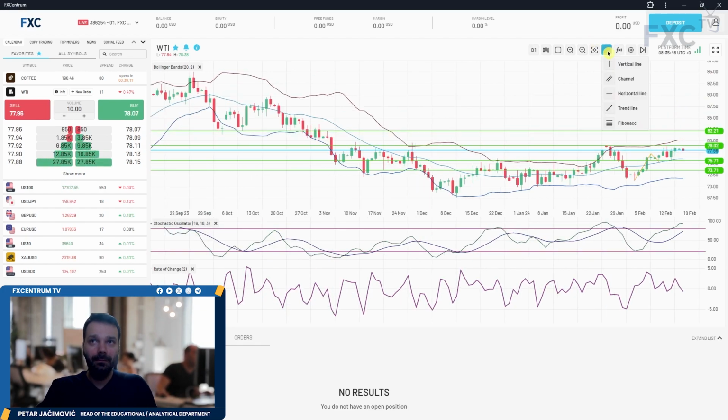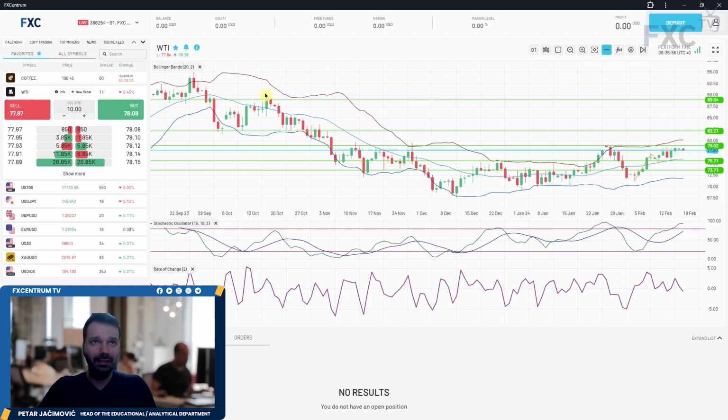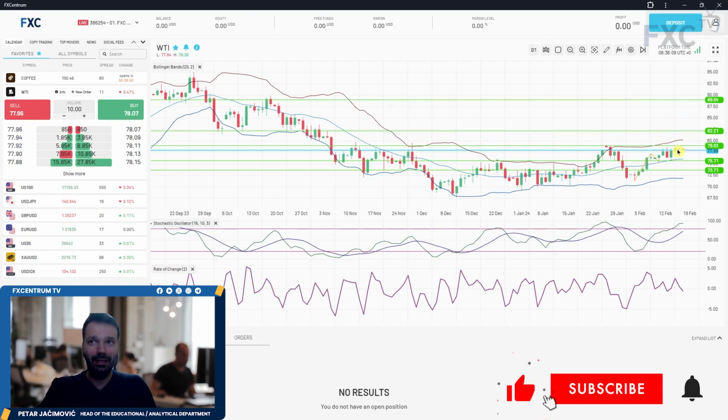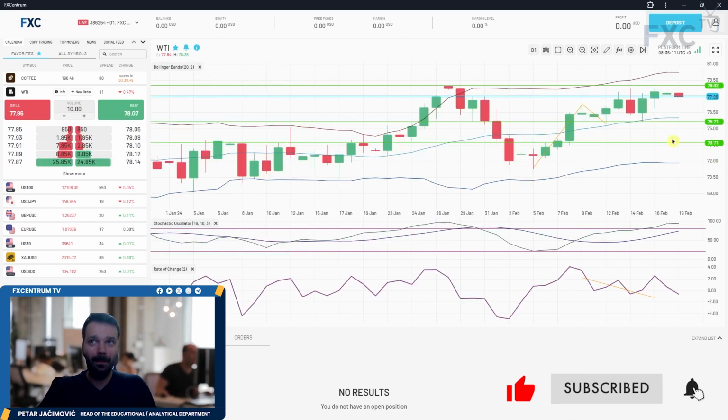I will put this horizontal line here so you can see that around 89 mark we have this swing high on the daily, and the swing high, which is dictating from the September last year, we have all the way around this 95 mark. So there is the room for the upside in case of the breakout of this key level around 79.